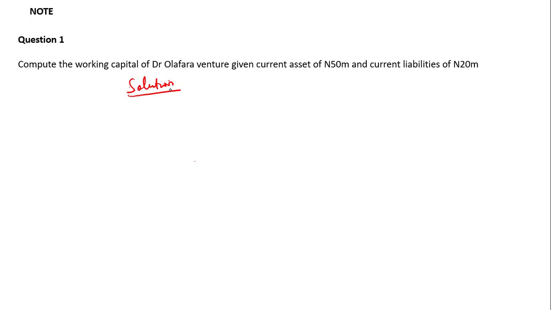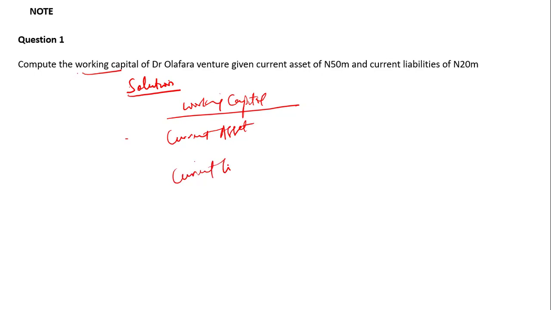Okay, when we are given this, the question is what is working capital? So come here, working capital. For what we have done, we said it is the difference between current asset and current liability. So let's see the values written out in millions. Current asset is 50 million, current liability is 20 million.